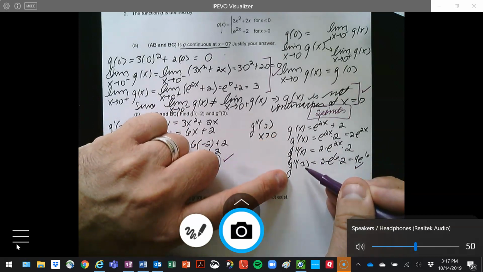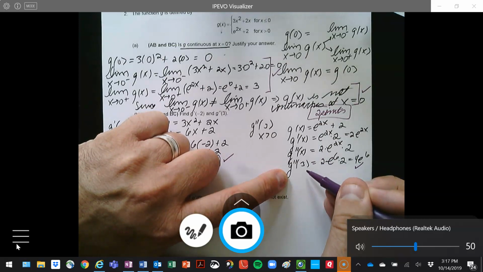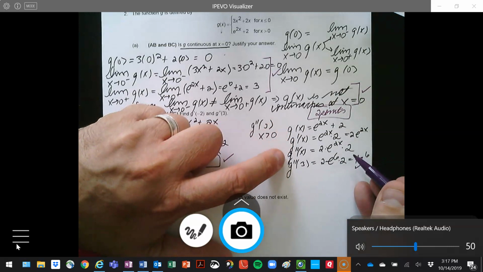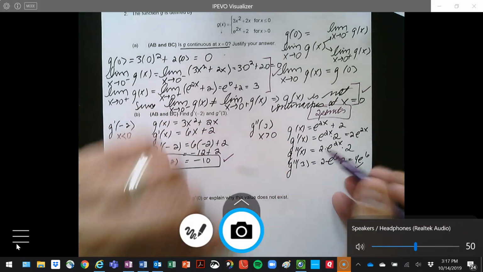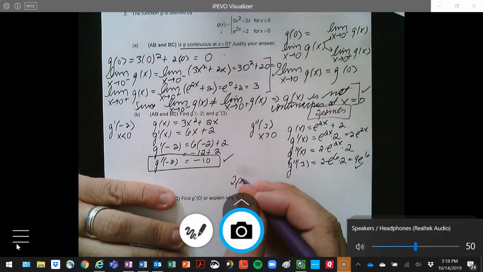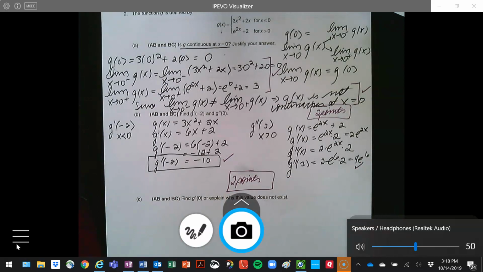Look, you only evaluate your first derivative or your second derivative at that numerical value in the very last step. Everything else, g prime of x, g double prime of x, and finally in that last step, g double prime of 3. Be careful. That's called a linkage error, and that is a place for students to lose points on the AP exam.